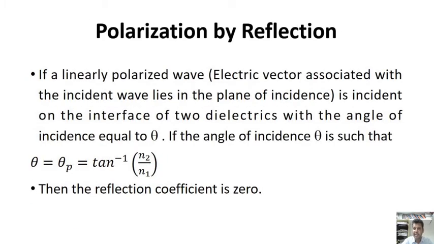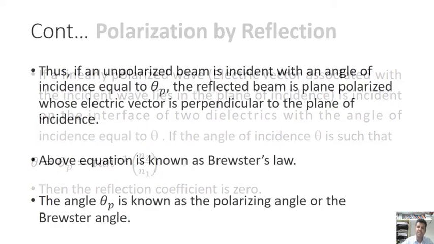If a linearly polarized wave is incident on the interface of two dielectrics with an angle of incidence equal to theta, and if the angle of incidence theta is such that theta p is equal to tan inverse of n2 by n1, the reflection coefficient is 0.